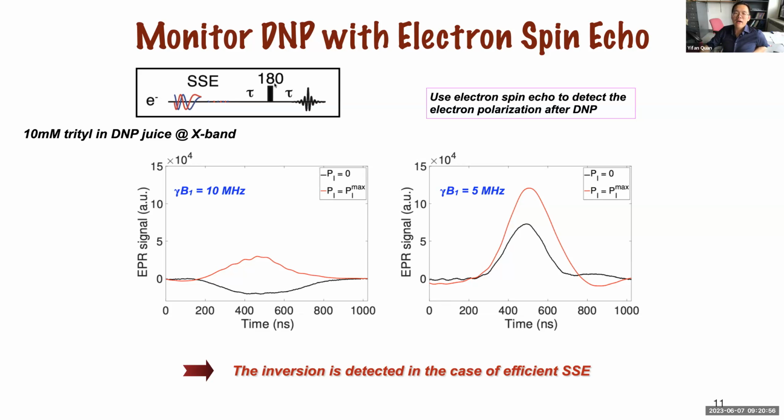And then we apply a pi pulse to refocus, so you have the polarization transfer during this DNP pulse, and you use a pi pulse to refocus whatever is left in the electron spin, and then measure what's left after the SSE pulse.